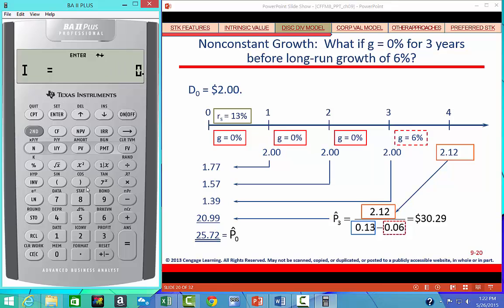Then I go to the NPV, and my discount rate is the same, 13%. So I hit 13 and enter, and I hit the down arrow, and then it's telling me to compute. So I hit compute, and I get $25.72 or 71 cents, which is the same thing that they got here. Anyways, I think the calculator method is much quicker to use.